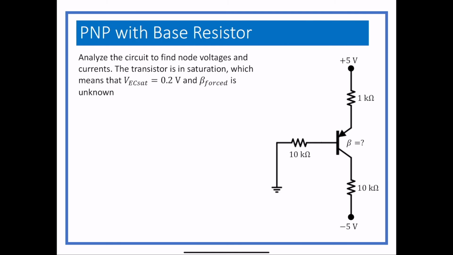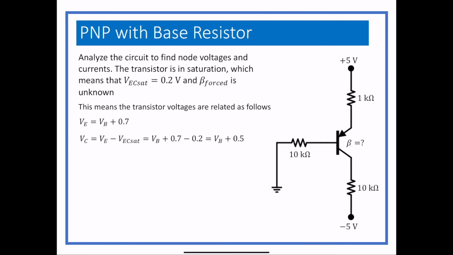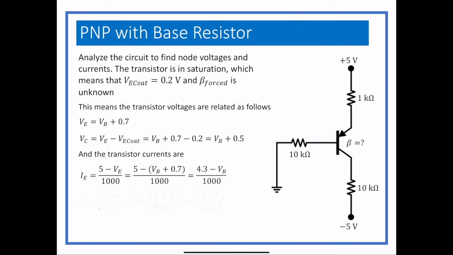But what this means is the value of VE is going to be VB plus 0.7. That all works. And VC is going to be VE minus VCE saturation, which we know what that is. So that's going to be like VB plus 0.5. So we have two ways to find values based on VB.